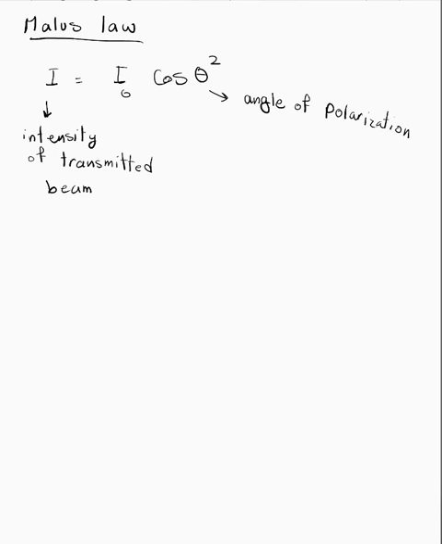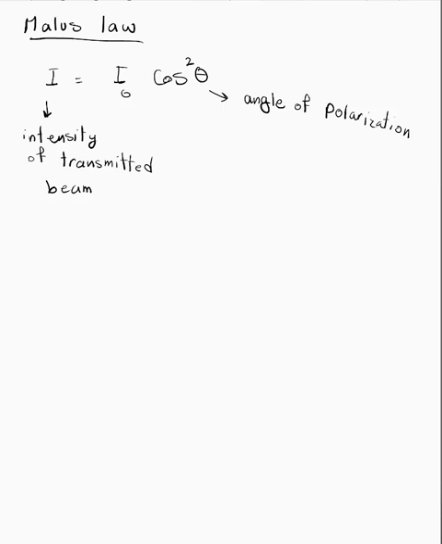For describing this situation, we use Malus' law. This law gives the intensity of the polarized light after passing through a polarizer. According to this law, the intensity of the transmitted beam equals the initial intensity times cosine squared of the angle between the axis of polarization and the vertical axis.